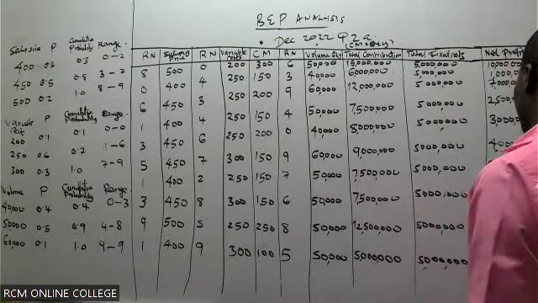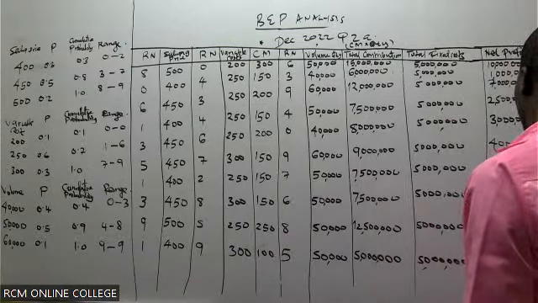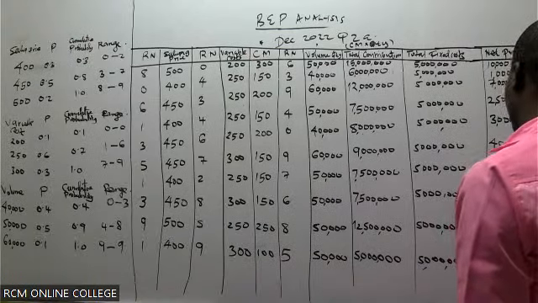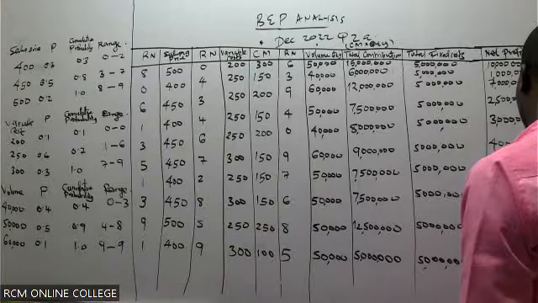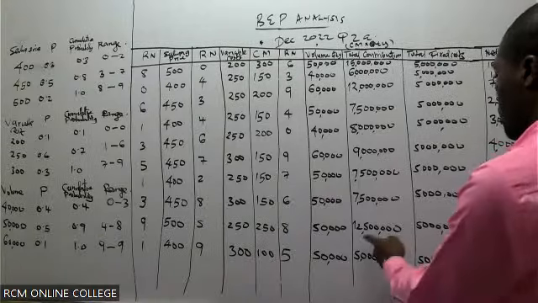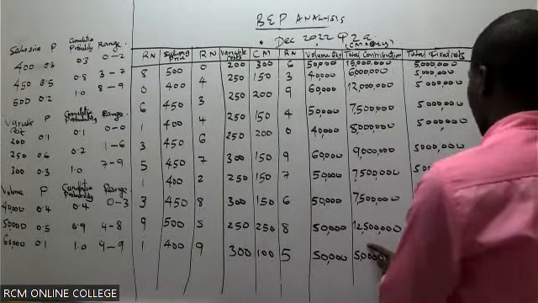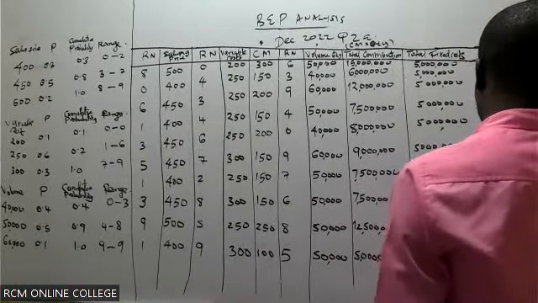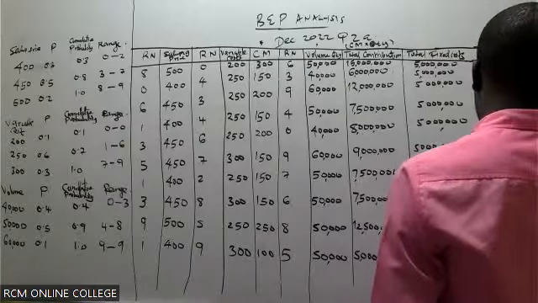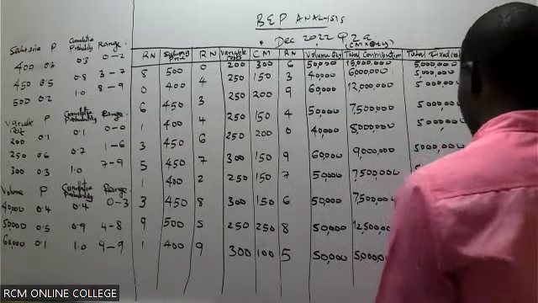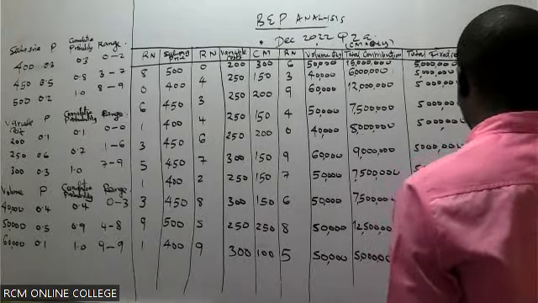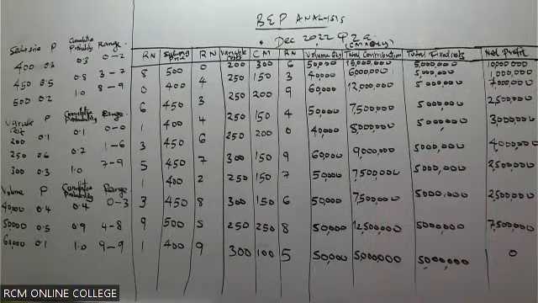Here we have 2.5. Here we have 2.5. Here we have 7,500,000. Is it? If there's anything wrong, please let me know. 5 million minus 5 million, that is 0.